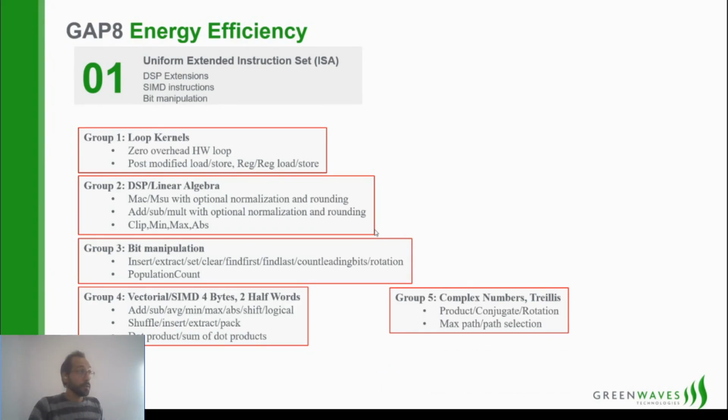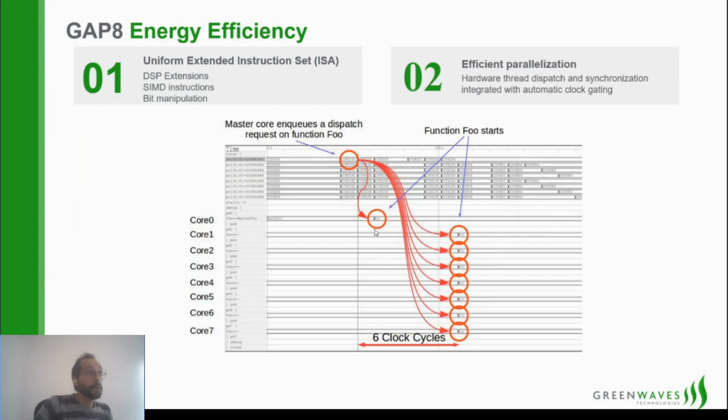The first one is that we added to the instruction set some DSP extensions, some SIMD instructions and some bit manipulation. And also we have vector units where we can do 4 operations on bytes or 2 operations on nibbles per cycle. We have an efficient parallelization.